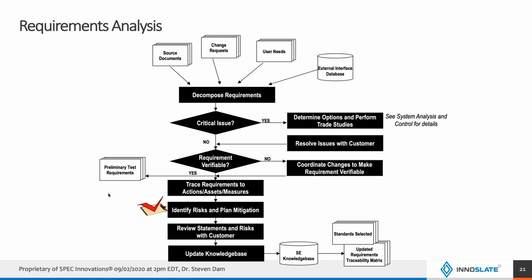We try to decompose those and create the requirements we want to refine and make them as verifiable as possible. We also have a couple of decision points as we go along. Is this going to establish some kind of critical issue? I'm always looking for those kinds of problems. Is there a problem perhaps that's coming up?